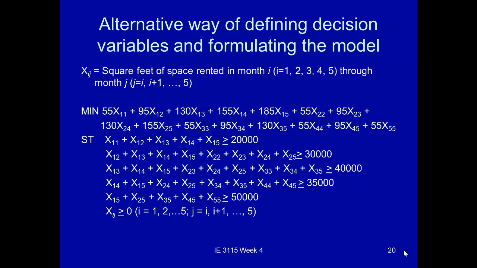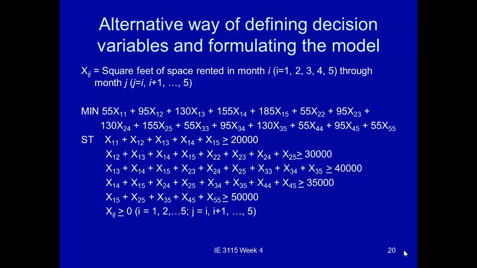The objective function will be more complex than the other way. We chose the other way because it's easier to write the objective function. And the constraints are similar. Constraint will be the same. But I'll tell you, in Excel this is easier.